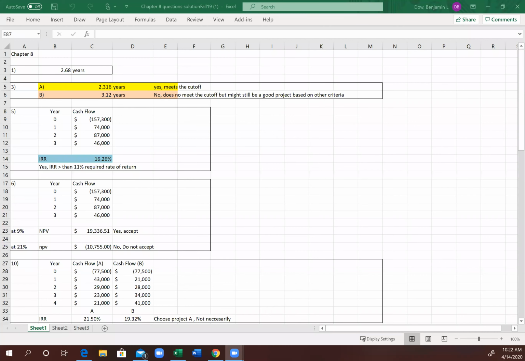Let's look at the chapter 8 book questions.